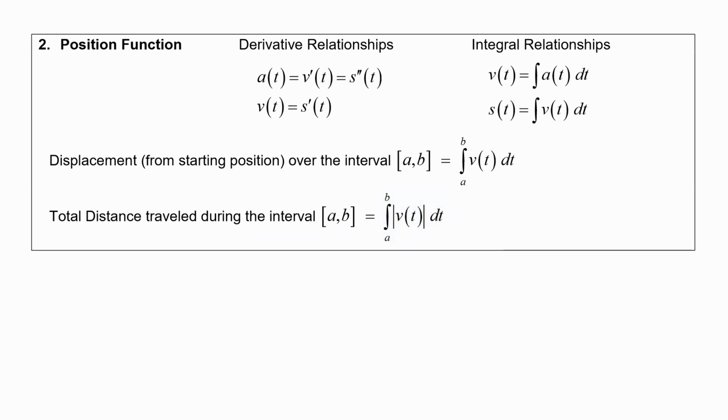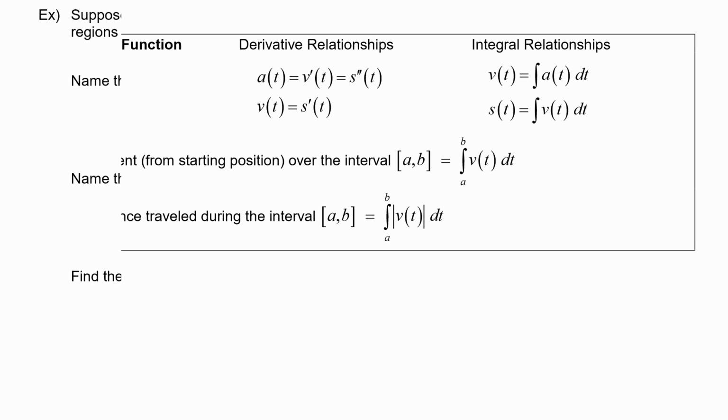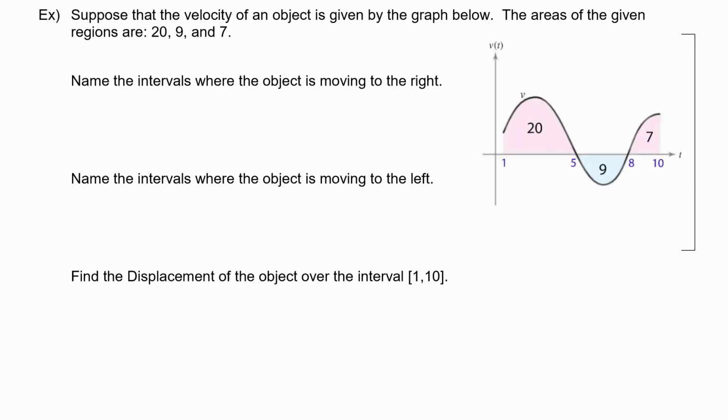Let's take a look at an example and see how these terms are different from each other. In this example, suppose that the velocity of an object is given by the graph below. The areas of the given regions are 20, 9, and 7. So this graph over here is a graph of the velocity function.